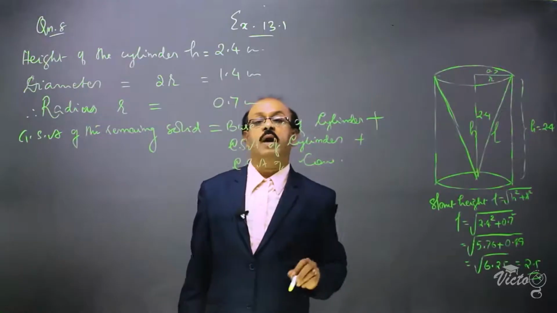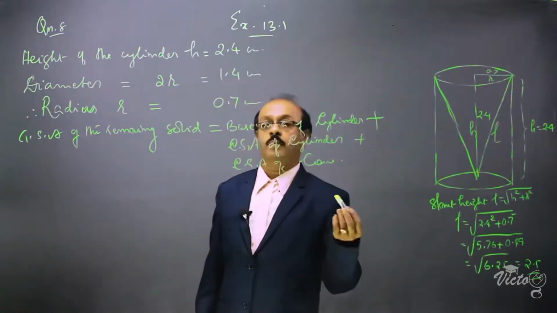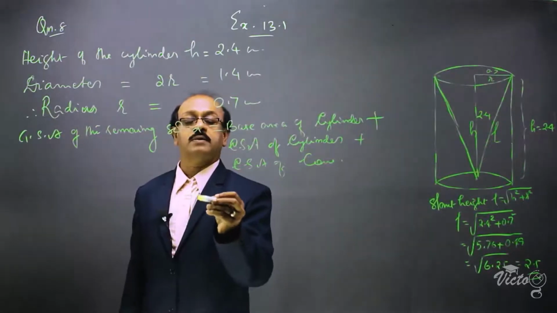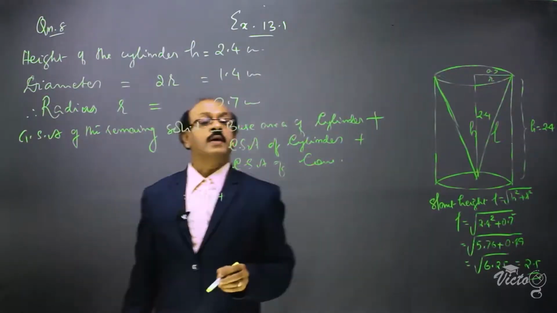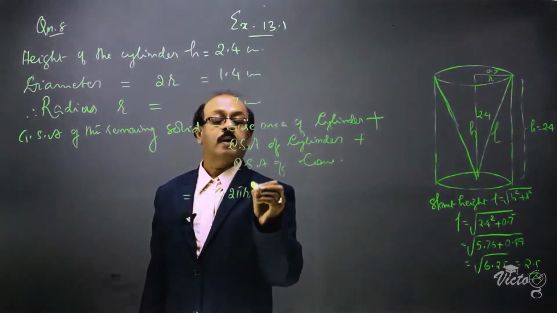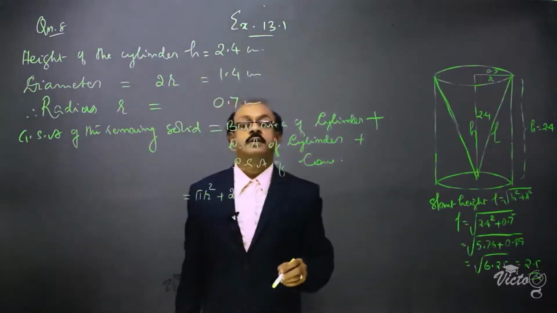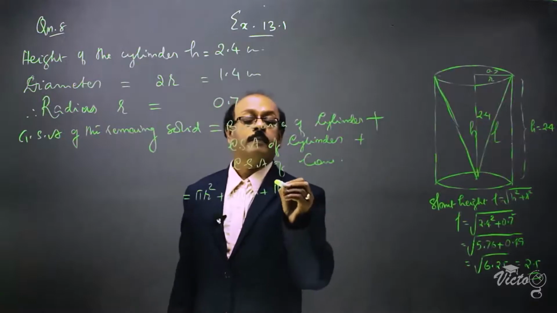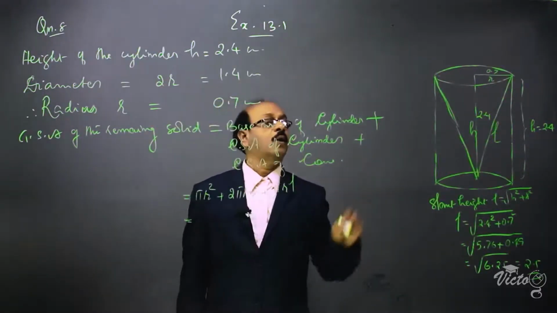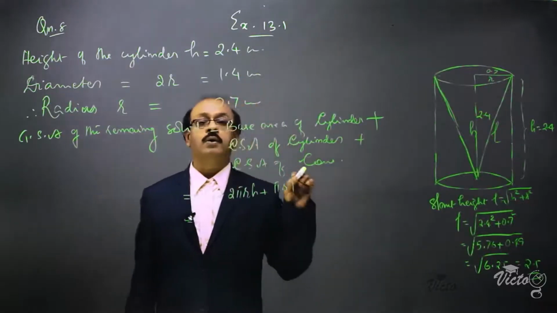Now we can give the values. First of all, we are writing the formula and giving the values. Base area of cylinder is equal to pi r square plus CSA of cylinder, which is equal to 2 pi r h, and CSA of cone is equal to pi r l. Here also the radii of cylinder and cone are equal.